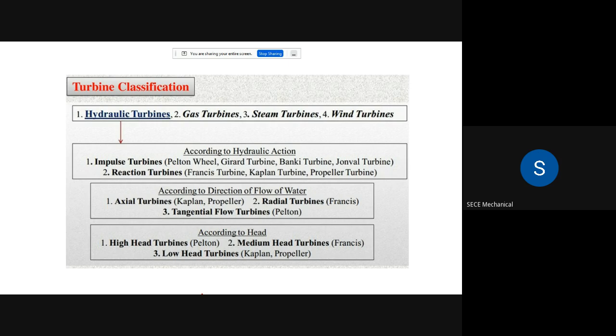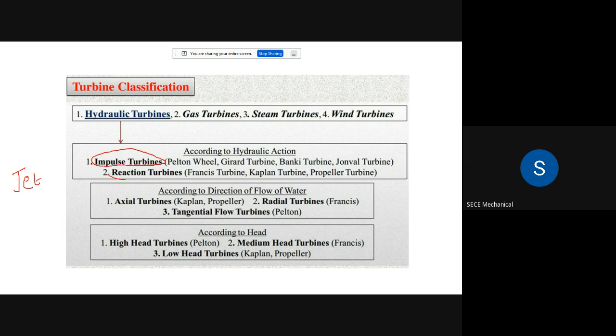When we say jet, we mean a jet of velocity, which has a high velocity. So when high velocity fluid is thrown on a blade, that force is called an impulsive force. Turbines with such impulsive force or high jet velocity are called impulse turbines.